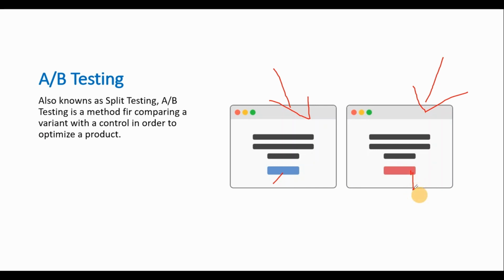A/B testing is a powerful method to discover ways to optimize your existing products by comparing a variant design with a control design, often the existing design. So if you already have a product and you're trying to optimize it and create new features for it, or change the UI to see how it's going to perform, we accurately measure which variant performs better.